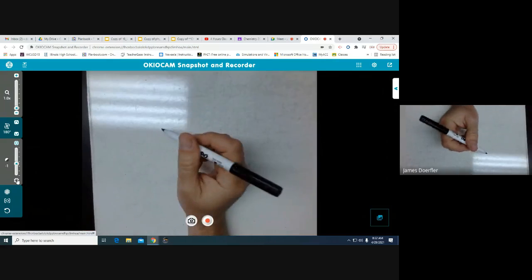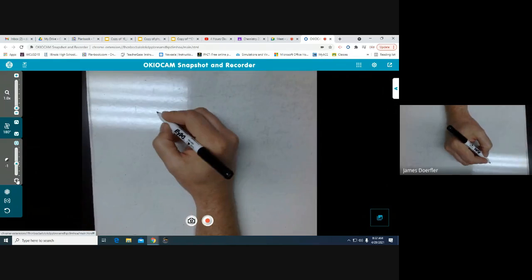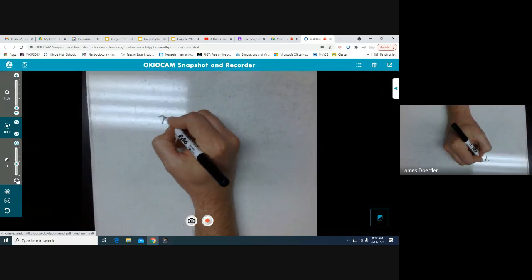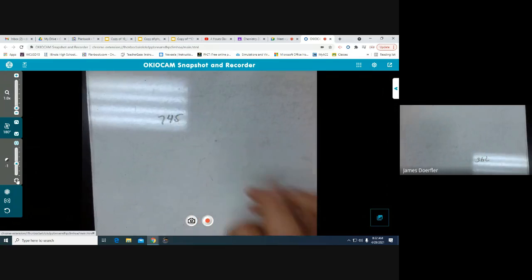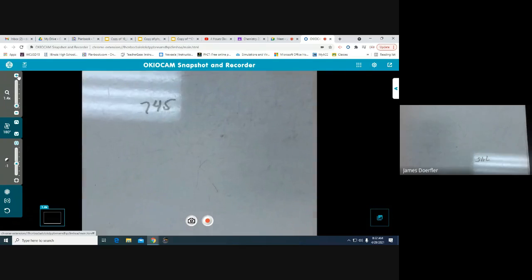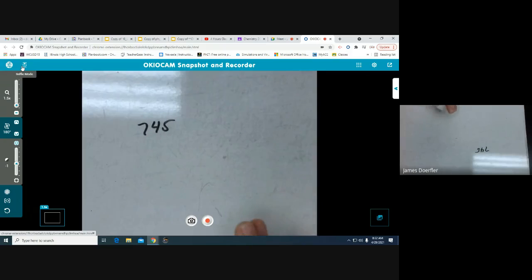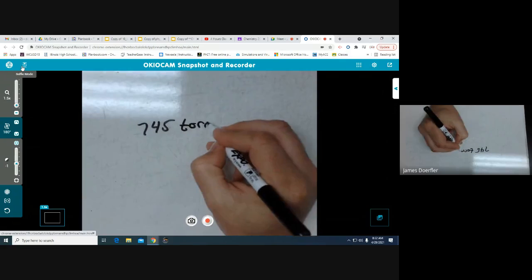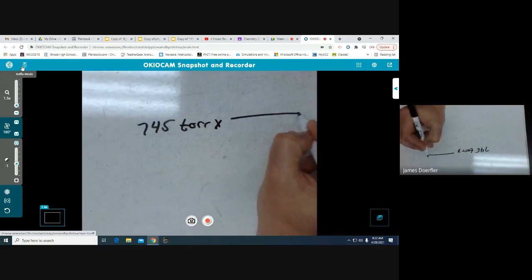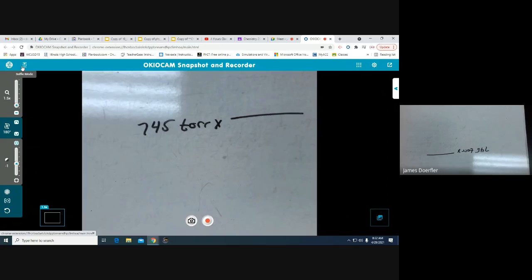Can you see that back there? Okay, so first we write what we're given: 745 torr. And we need to convert it to kilopascals.